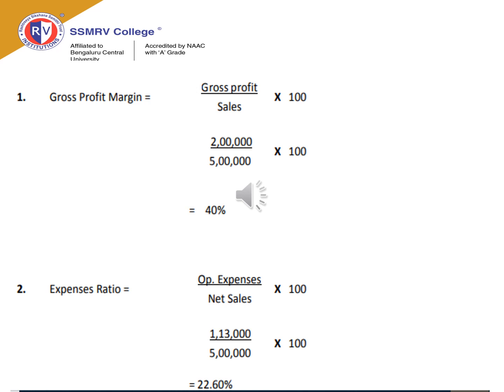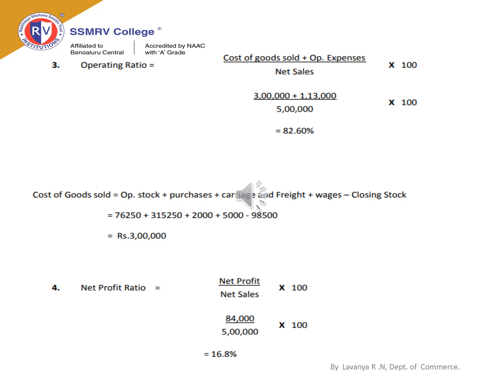So add administration expenditure and selling expenditure, it comes to 1,13,000. Net sales is given in the problem itself. Substitute the information in the formula. Then simplify it. The expenses ratio is 22.60%.